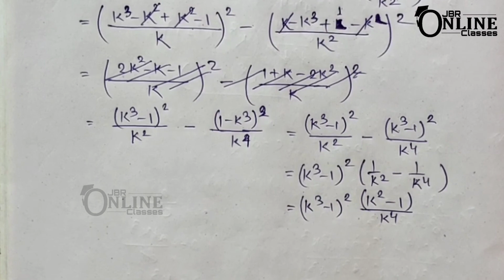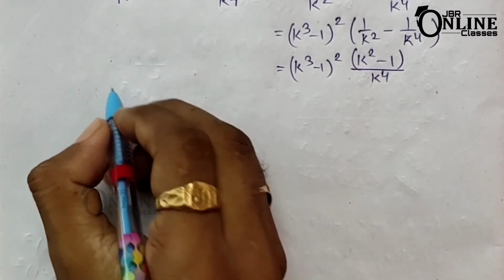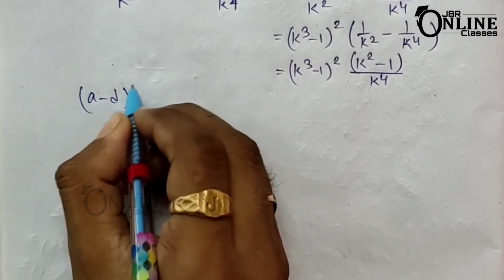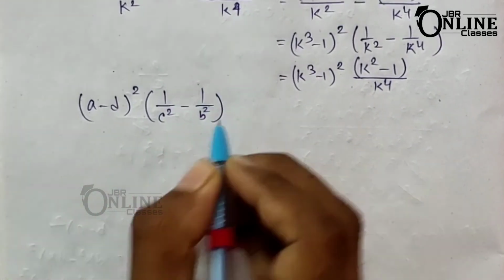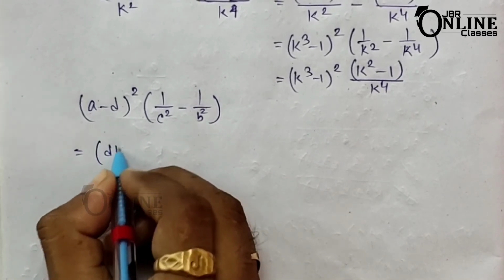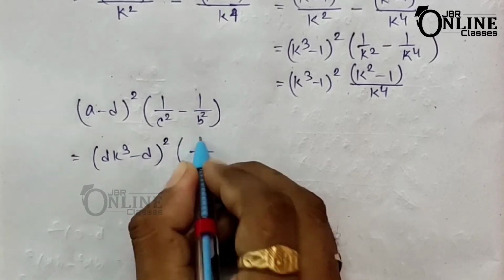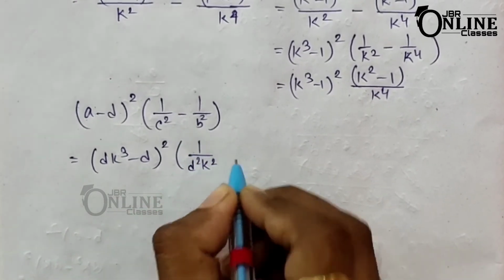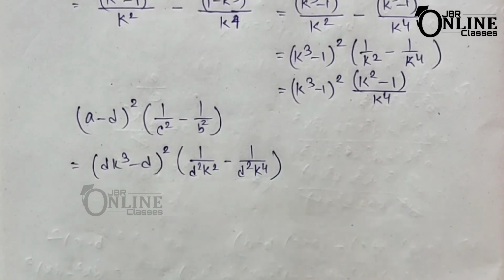Now I am going to solve the right hand side. In the right hand side: a minus d whole square into 1 by c square minus 1 by b square. So a means dk cube minus d whole square, and c means 1 by d square k square minus 1 by d square k to the power 4.